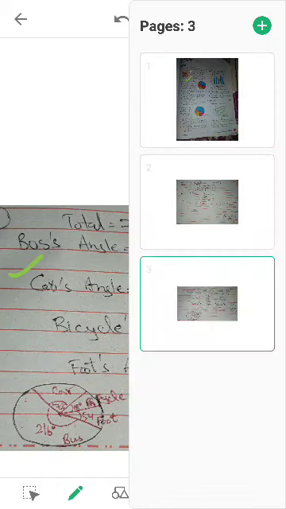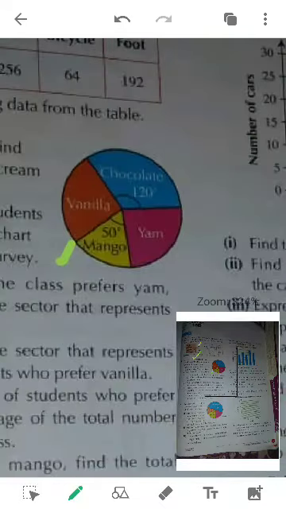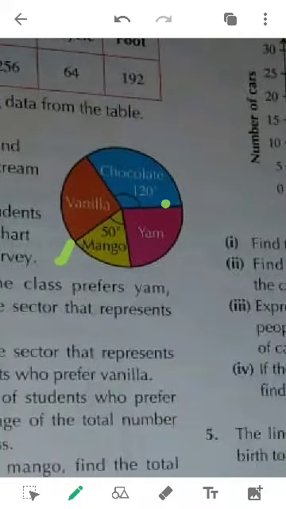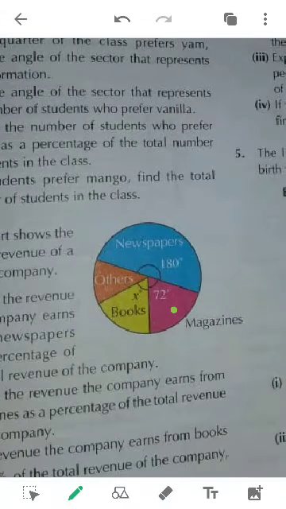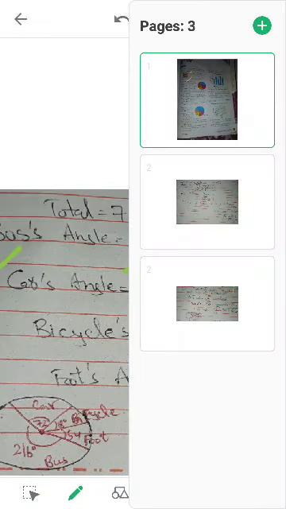Just like in this pie chart, you can see that every quantity has a different angle shown. Similarly, in this pie chart, every quantity has its own angle. So I need to calculate the angle of all these quantities, and later I will plot them. So I will multiply it by 360 degrees. You can simplify it directly on the calculator and you will find 216 degrees. It means the angle of the bus students will be 216 degrees on the pie chart.